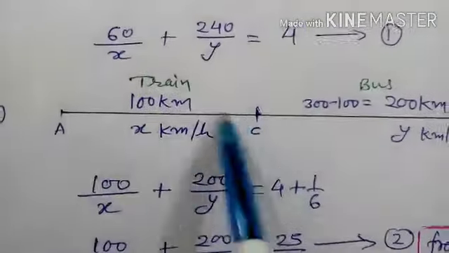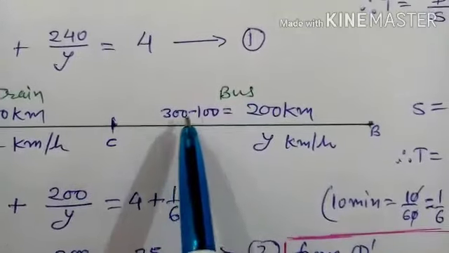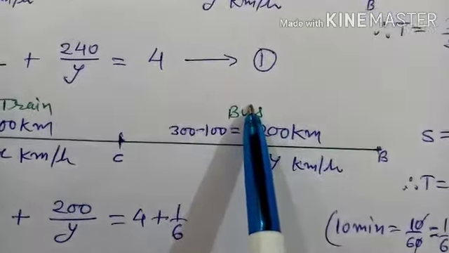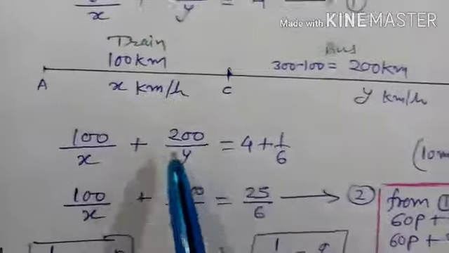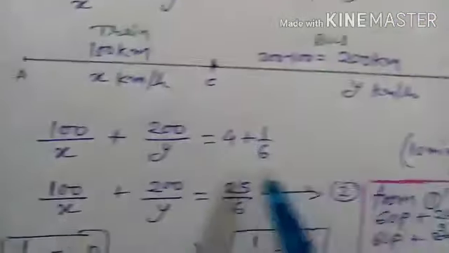Second case. If she travels 100 km by train and the remaining, 300 minus 100, that is 200 km by bus, then she takes 10 minutes longer. Once again, time is equal to distance upon speed.